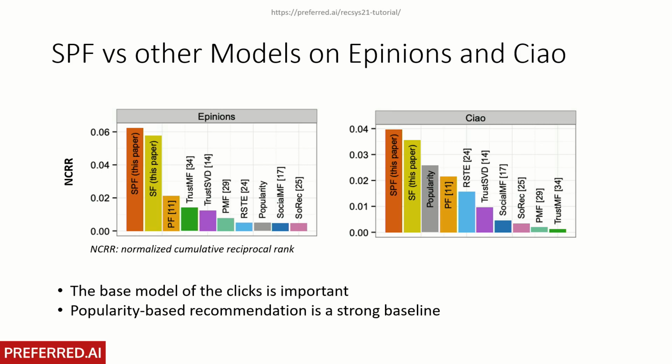So you can see here that the Poisson factorization model, PF, can sometimes do better than the other baselines that use side information. You can also see that the popularity baseline is quite strong as well. So you can also consider running that one first when you are building a recommender system and try to improve upon this model, to make sure that your model is not doing well just because it is recommending popular items.